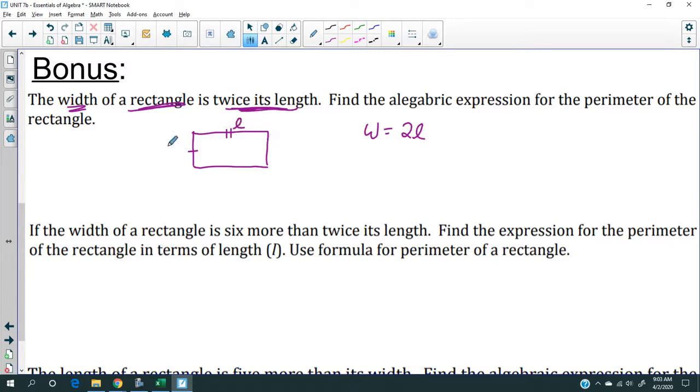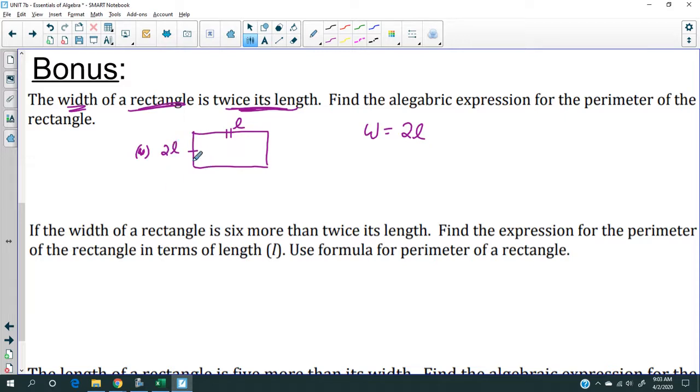Here we've got the width, but we're not going to write width. We're going to write this, because the width in terms of the length is 2 times it, 2L, in other words. Because by doing that, now we can combine like terms.